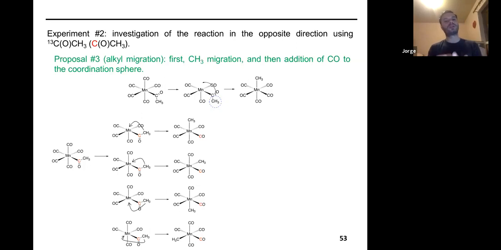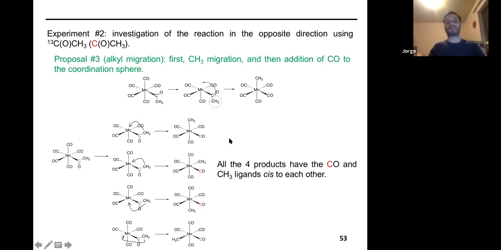Therefore, according to proposal number 3, all the four products have the labeled carbon monoxide and methyl ligands cis to each other, which is exactly the same conclusion that we got with proposal number 2.